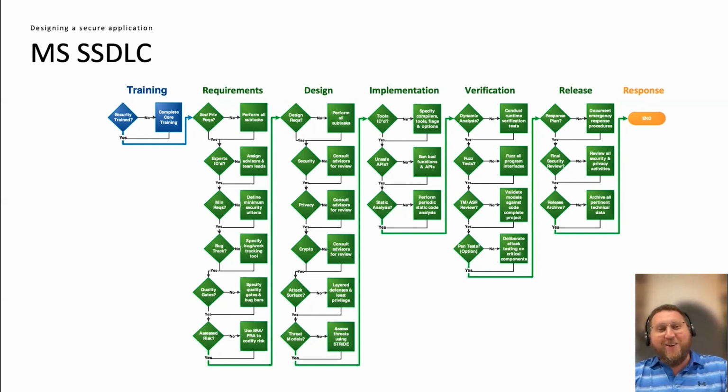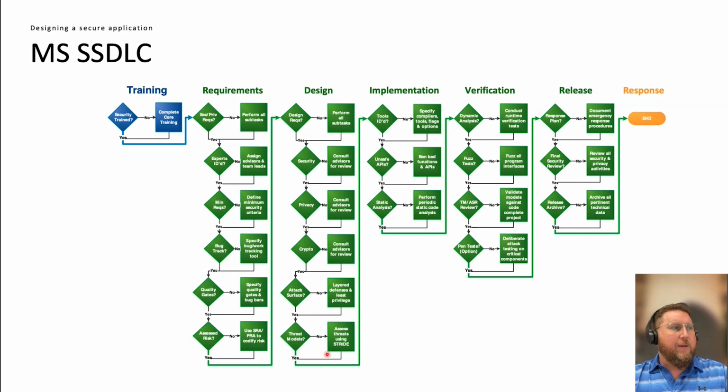I'm not going to cover everything, but this is some of the things that you would have to take a look at. Things like, do we have the security requirements? Do we have the design requirements? Did we put in security? And of course, all the actions that you would need to do.